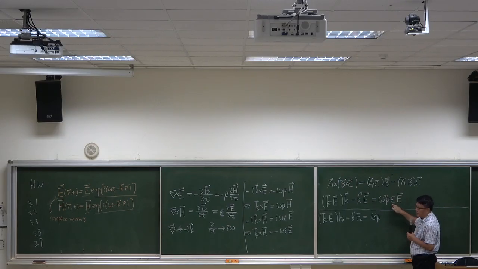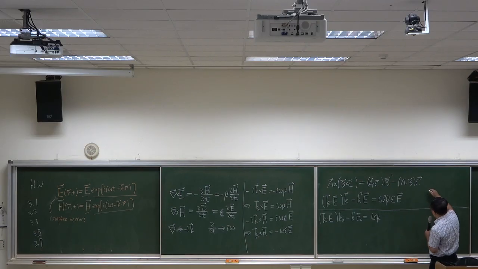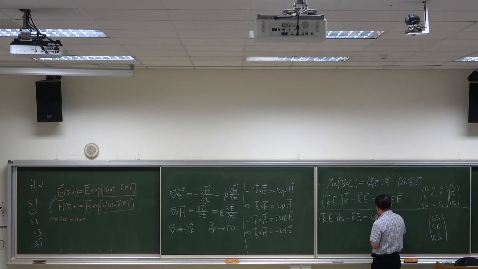Epsilon is diagonal: epsilon x, epsilon y, epsilon z. When it times Ex, Ey, and Ez, it gives us epsilon x Ex, epsilon y Ey, epsilon z Ez. So the x component now is equal to epsilon x times Ex.